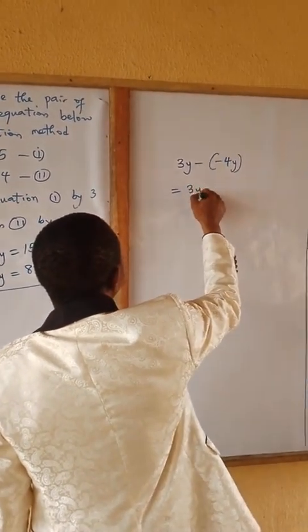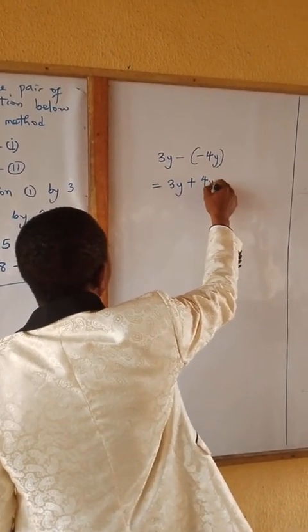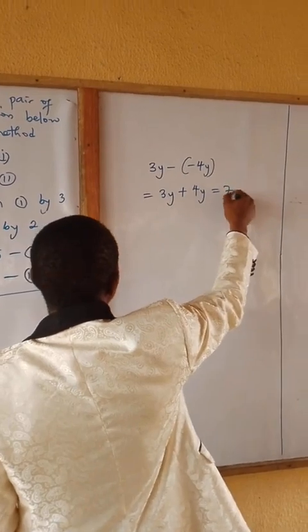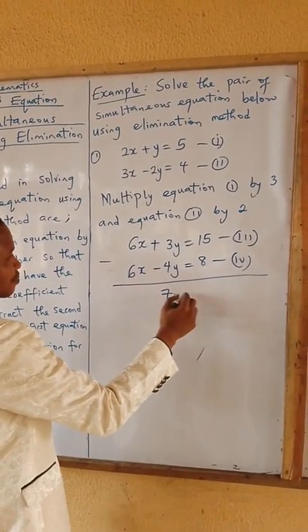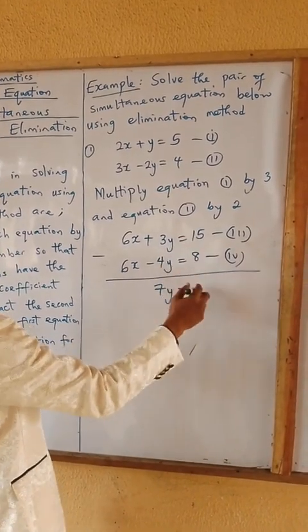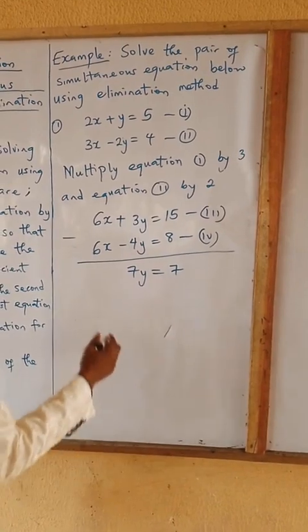So that means we are going to have 3y. Don't forget that minus times minus is plus. Then we are going to have 4y. 3y plus 4y will give us 7y. So that means we are going to have 7y here, which equals 15 minus 8, which will also give us 7. Then the next step to take is to divide both sides by 7.